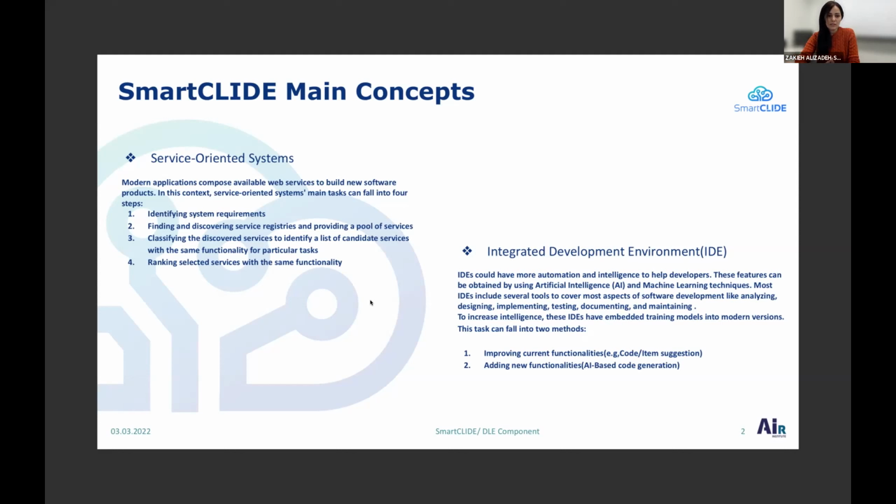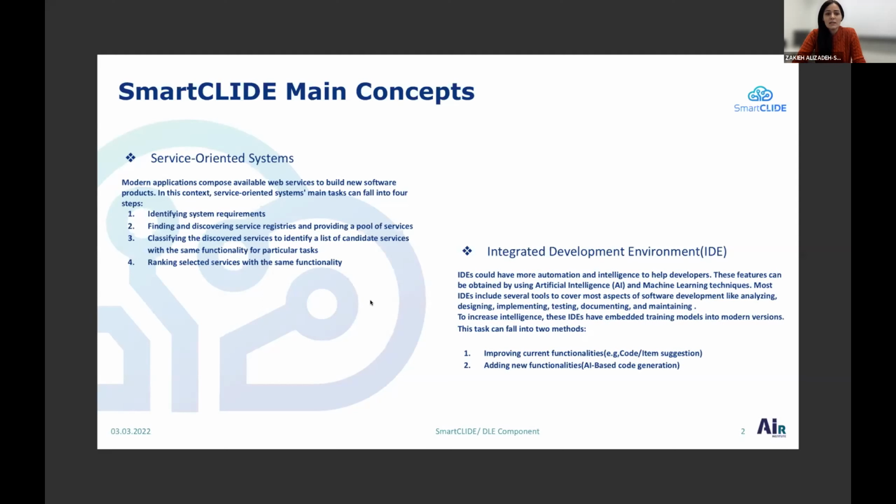So there are two main concepts in SmartCLIDE. One of them is service-oriented system development, which helps developers use software that is available as a service. The steps in service-oriented development are identifying system requirements, and finding and discovering the appropriate and proper services for our business to use.